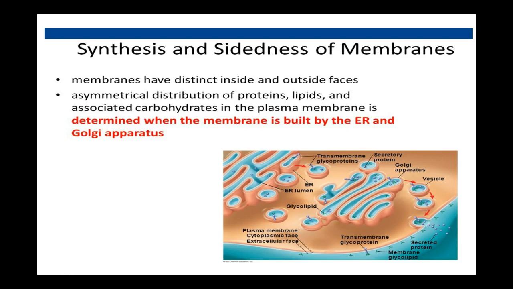And those proteins or those carbohydrate markers that were attached on the inside of the vesicle then become part of the cell membrane. And so you have this capacity for the DNA, for the cell itself, to direct changes in the plasma membrane.